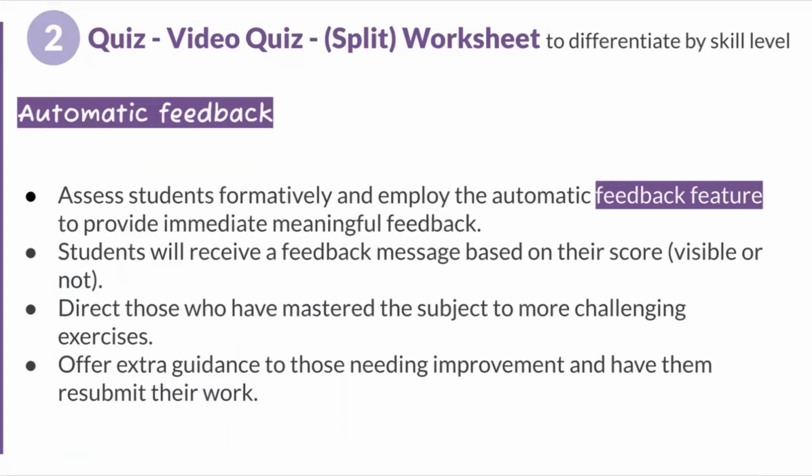And then they will receive a feedback message based on their score. And you can set this up so that their score is visible or not. So you don't have to worry about having them focus just on the number, like what was my score? Did I get 100%? You can take that out of the equation and just have the feedback differentiated.